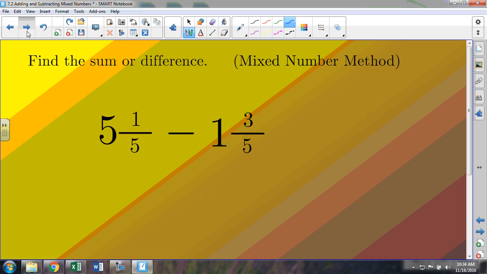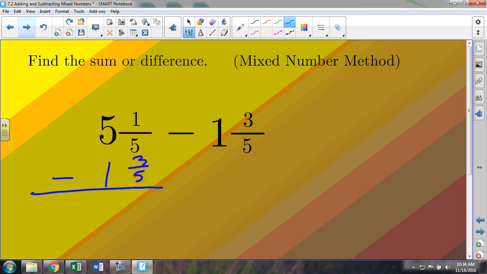The exact same problem done with the mixed number method. We have to take 1 minus 1 3/5. And here we see a problem. We can't take 1 subtract 3.